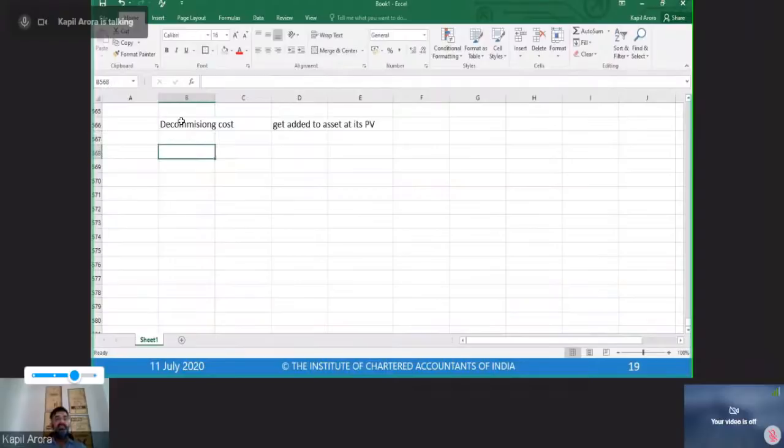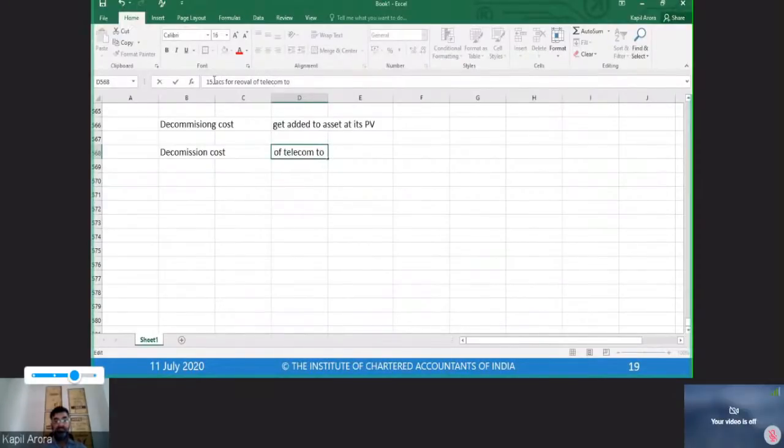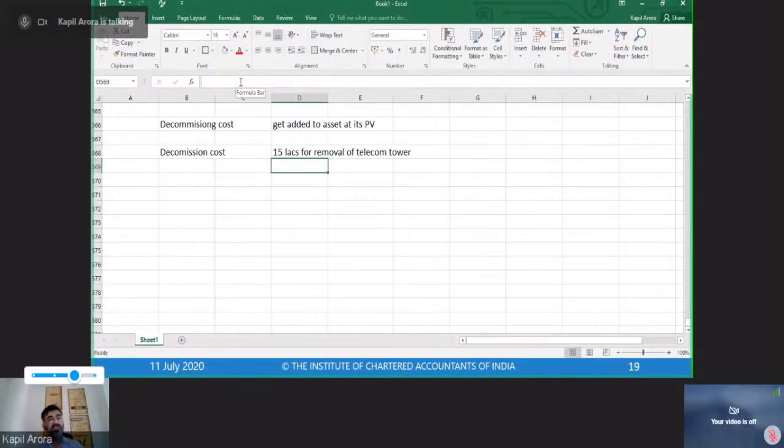As I mentioned, decommissioning cost is nothing but the 15 lakhs we have considered for removal of the telecom tower. For removal of the telecom tower, from where did I get the 15 lakh? Who told me 15 lakh would be required?